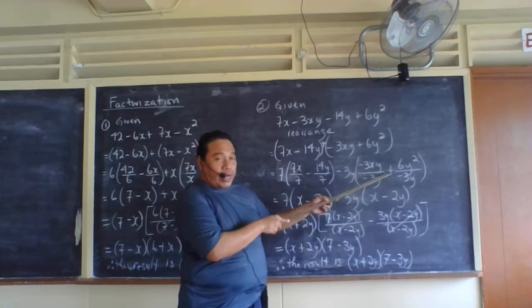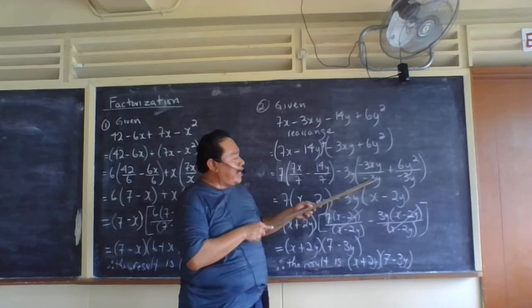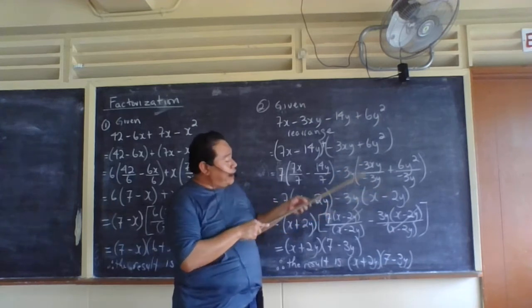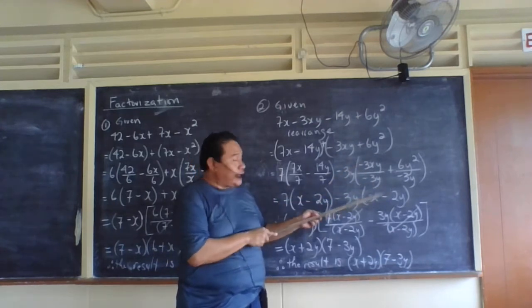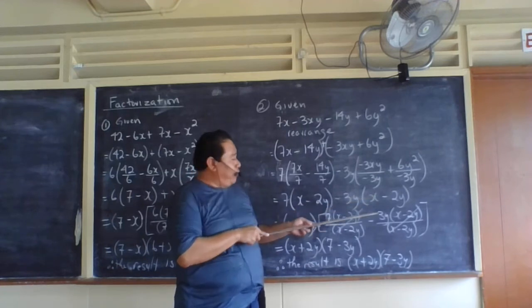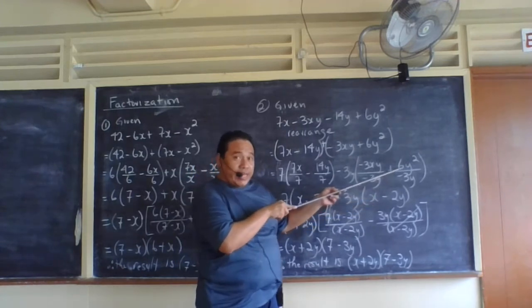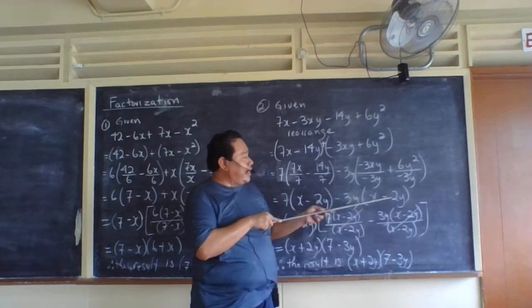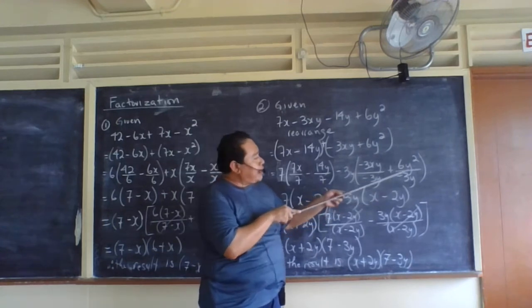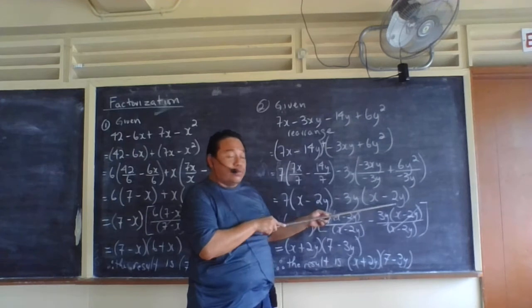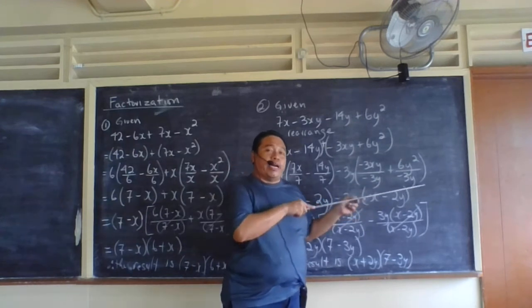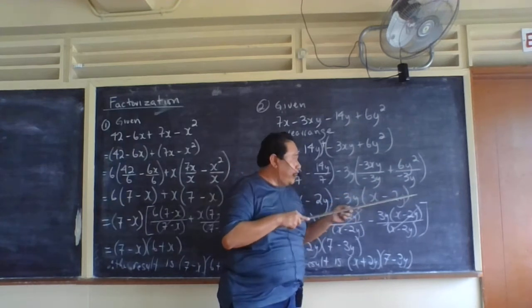Negative 3xy divided by negative 3y. The negatives cancel, the 3's cancel, the y cancels, leaving me the x. A positive divided by a negative is a negative. 6 divided by 3 is a 2, and y squared divided by y is simply y.